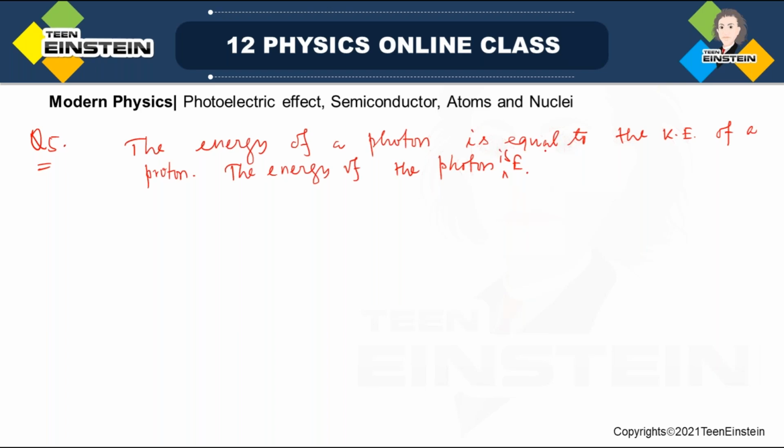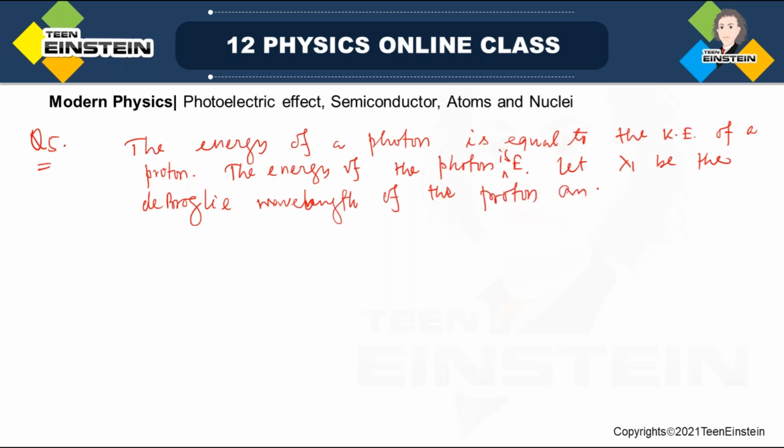Let lambda 1 be the de Broglie wavelength of the proton, and lambda 2 be the wavelength of the photon.